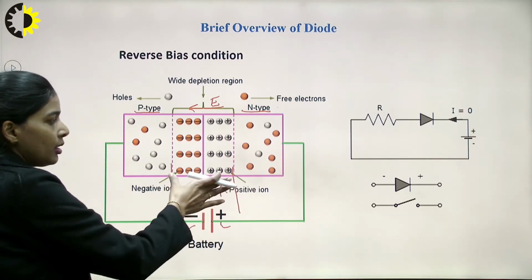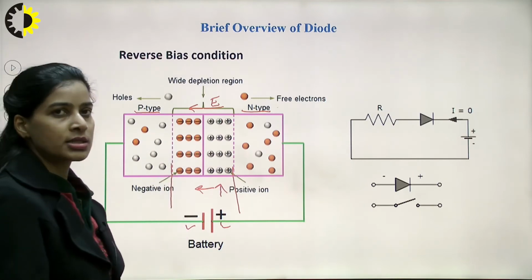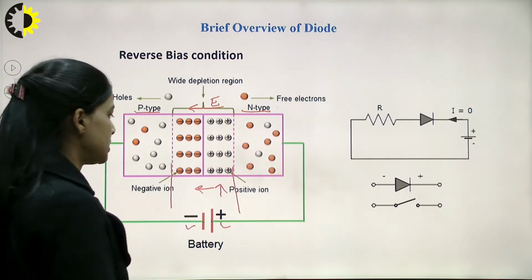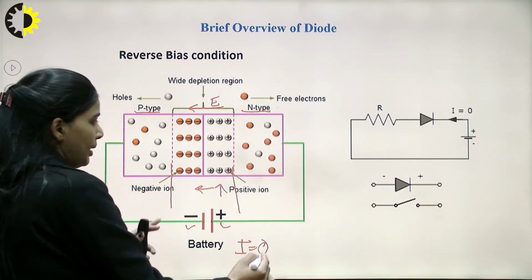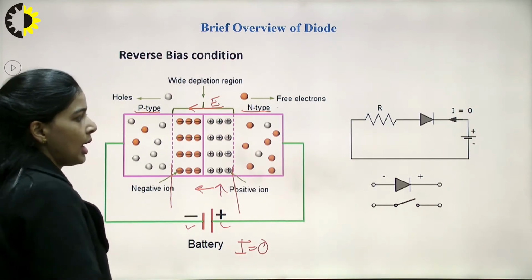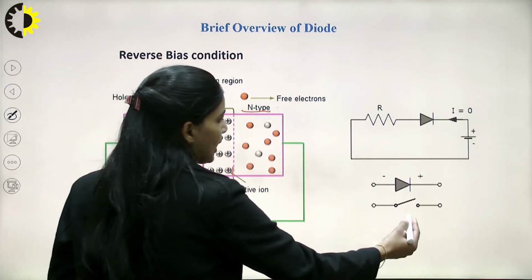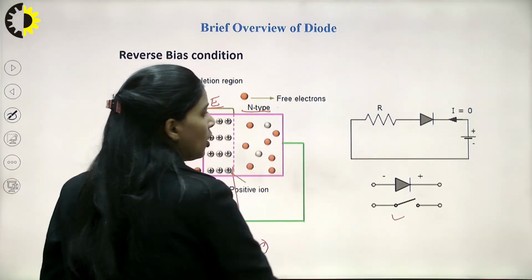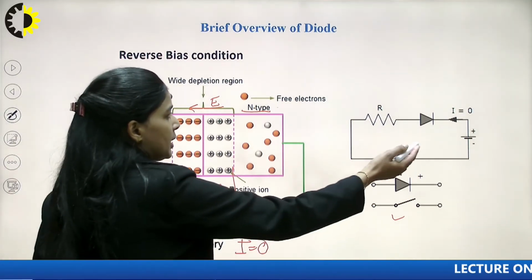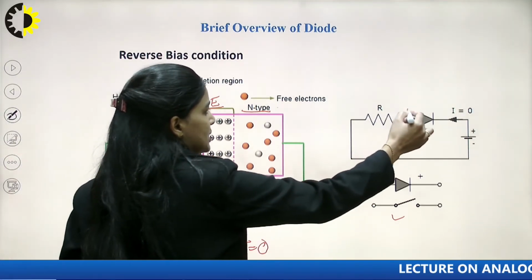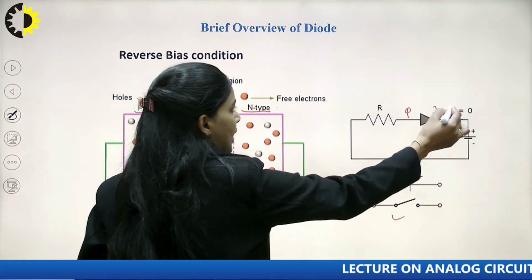So there will be no flow of charge carriers, and there will be zero current when we have made it reverse bias. And in reverse bias, we can represent the diode by an open switch. The circuit represented here is showing a diode that is connected in reverse bias mode.